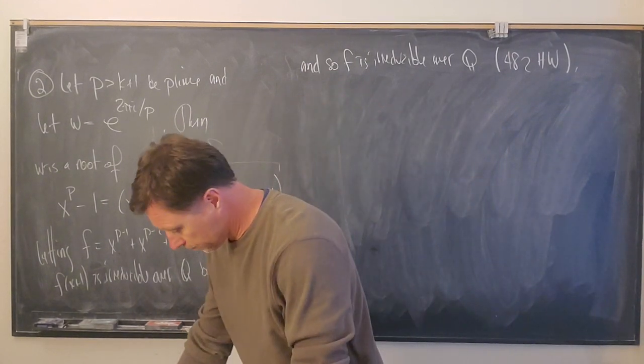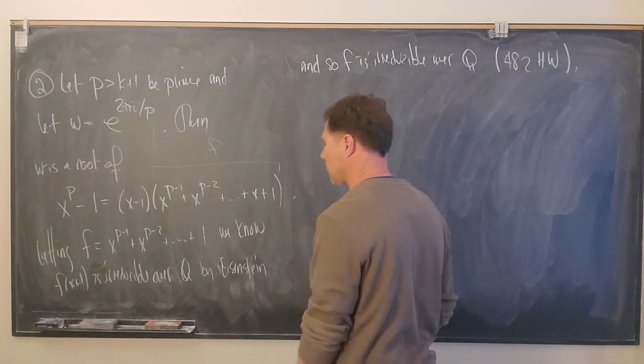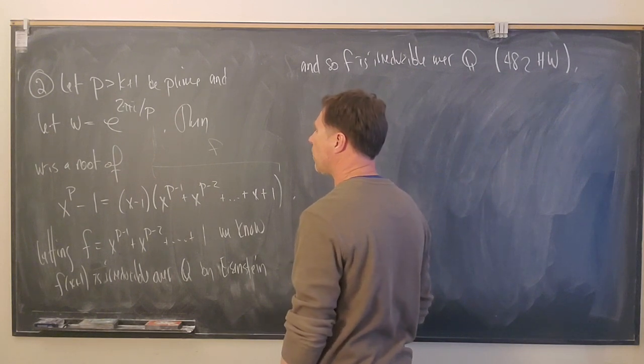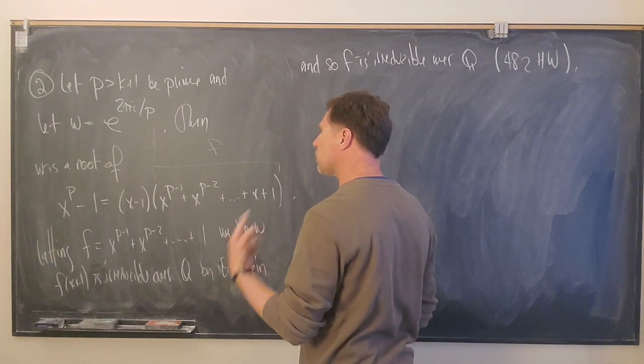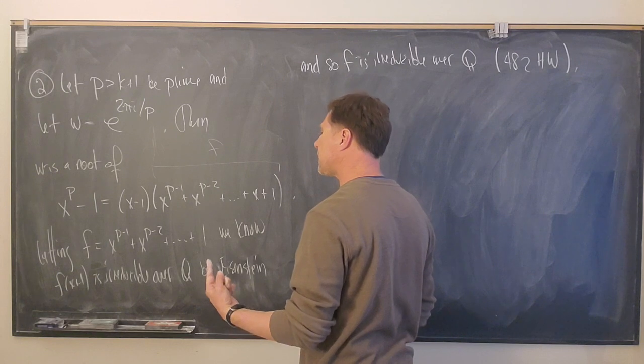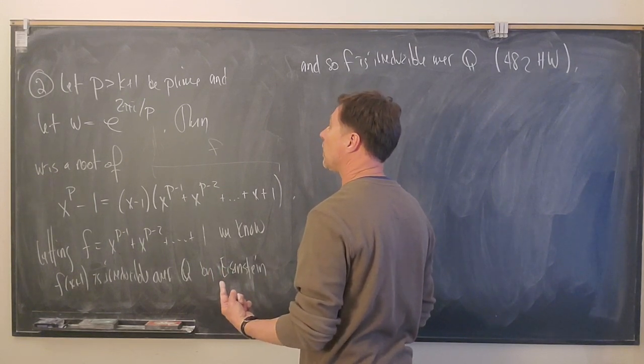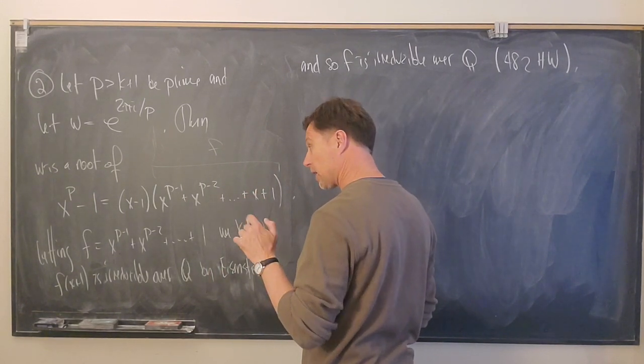Okay, fine. So then, what does that tell us? Well, we know that p is greater than k plus 1, which means that p minus 1 is strictly greater than k.